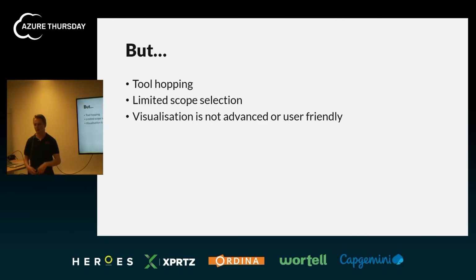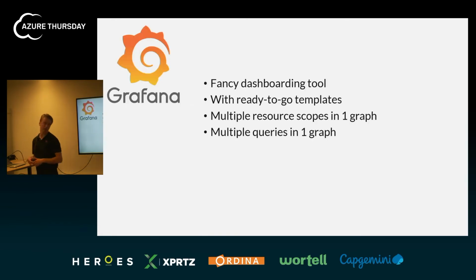Thirdly, the visualization options in Azure itself, the workbooks and the dashboards, are not very user friendly to my mind, and it's quite hard to set them up and make them look nice. So there, Grafana comes into the picture for me. Grafana is that fancy dashboarding tool we all want. What I find very interesting is that it has ready-to-go templates.